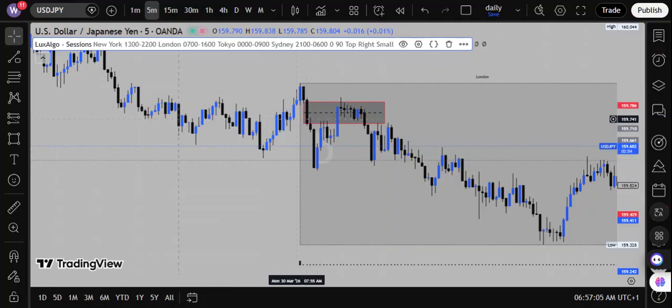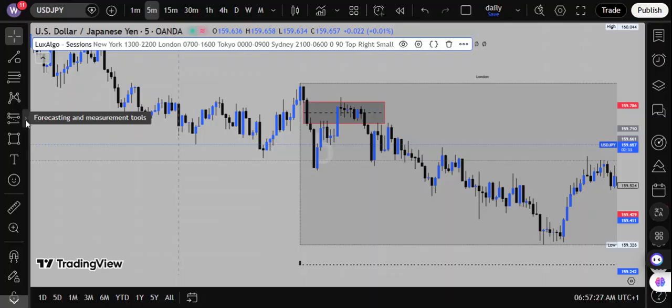Let's go, fair value gap right here, and we're looking for bearish engulfing. Look at this bearish engulfing right here. I told you bearish engulfing must happen below this fair value gap, not here. We're looking for it right here, below this FVG, because we're looking to go bearish.